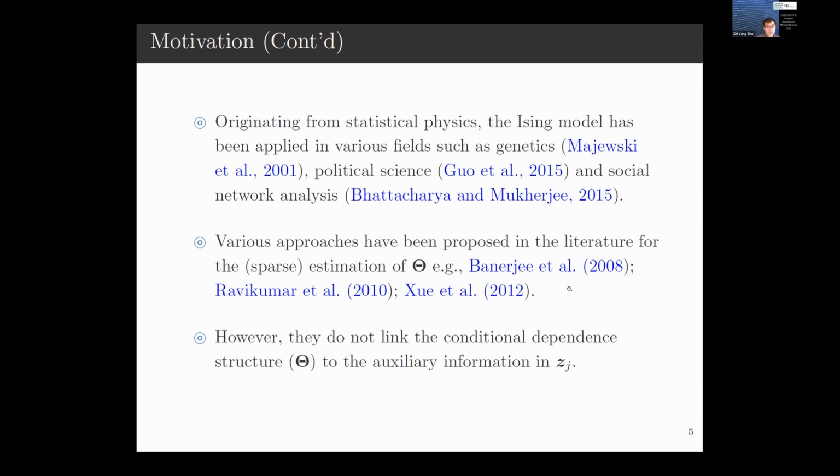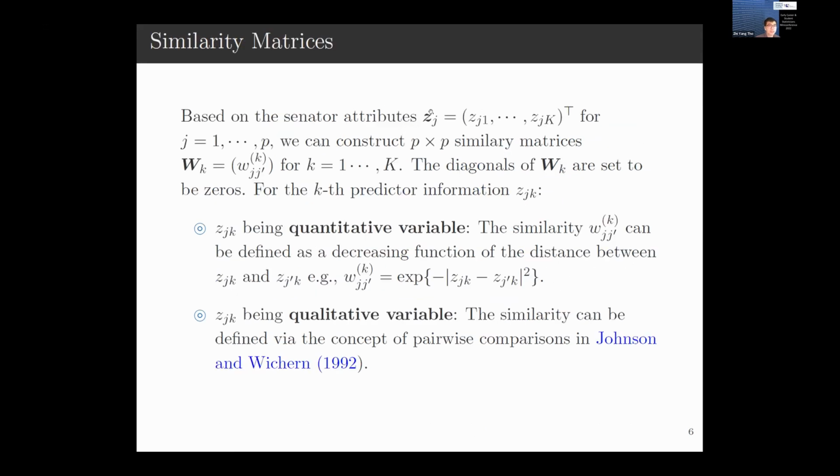So because of that, based on the Z_j vectors, we can construct a total of K different similarity matrices, which are denoted by W_k. Because we have capital K attributes, we'll have capital K similarity matrices, 1 for each attribute.